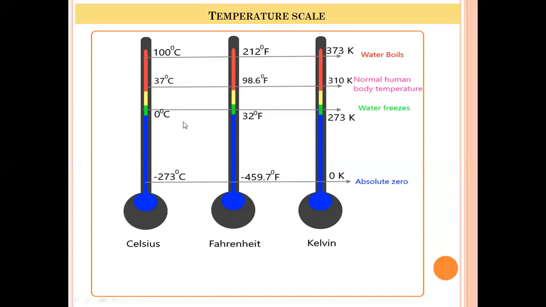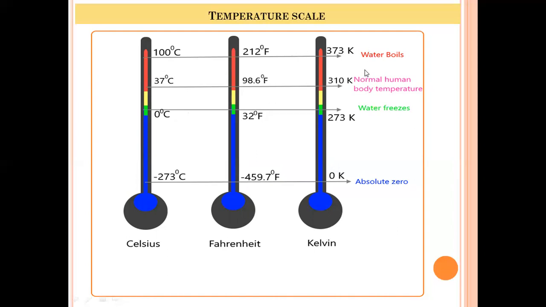We know that water starts freezing, meaning water gets converted into ice. On the Celsius scale, this temperature is 0 degrees Celsius, whereas on the Fahrenheit scale it is 32 degrees Fahrenheit, and on the Kelvin scale it is 273 Kelvin. Our human body temperature on the Celsius scale is 37 degrees Celsius, on Fahrenheit 98.6 degrees Fahrenheit, and on Kelvin 310 Kelvin.